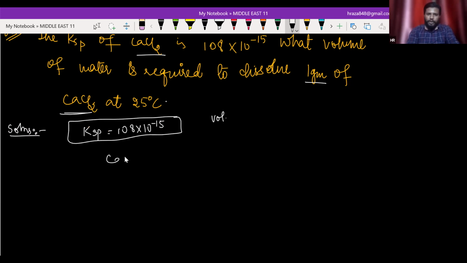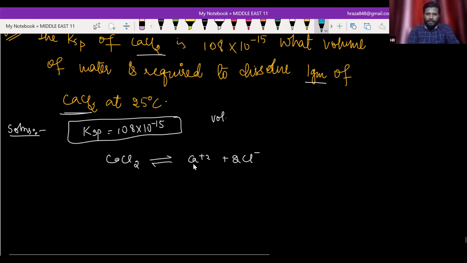We know that CaCl2 will dissociate into ions Ca2+ and 2Cl-. Suppose the solubility of calcium is S. Then what is the solubility of 2Cl-? It will be 2S. Any doubt in this?